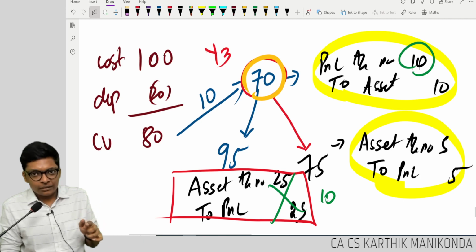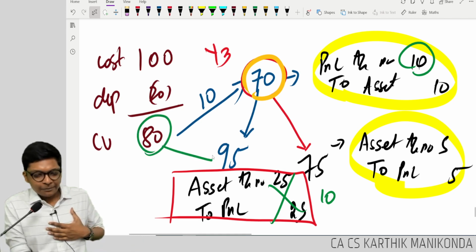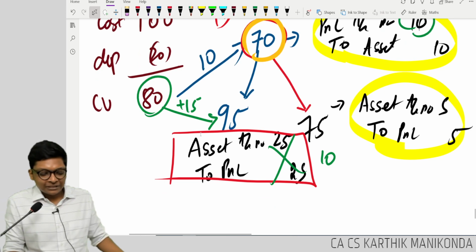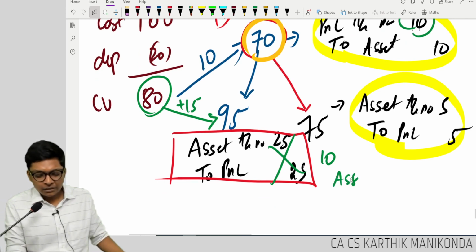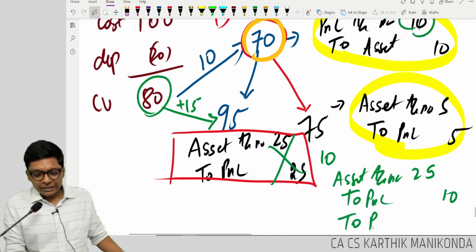Reversing beyond 10, in effect, can I say 80 became 95, so that extra 15 is what? Revaluation. So this entry I will rewrite as asset account debit 25, to P&L 10, to revaluation reserve 15.